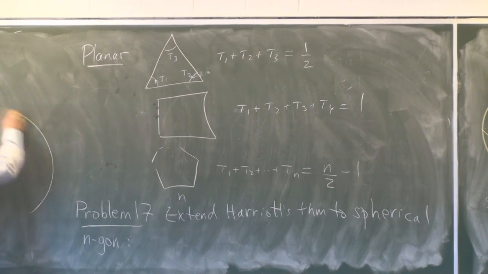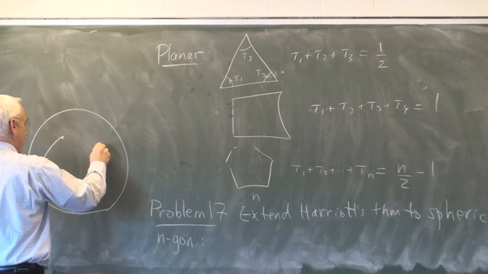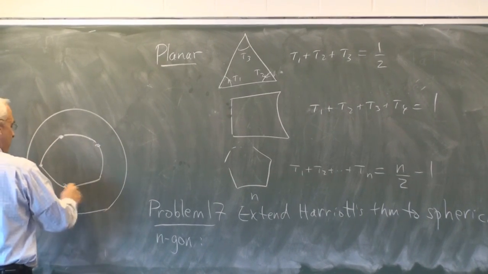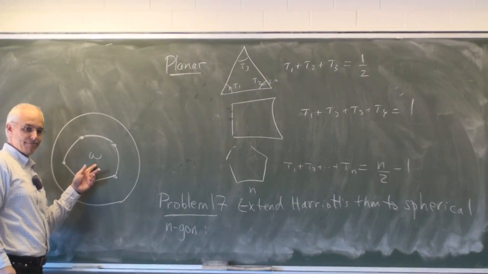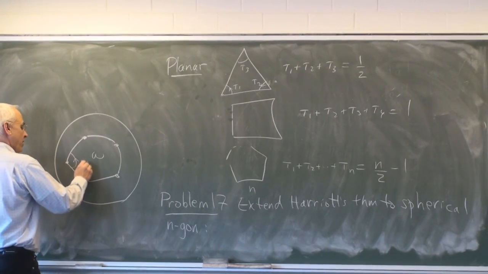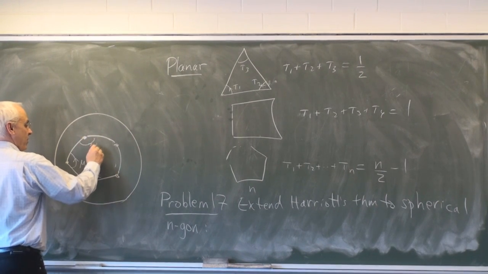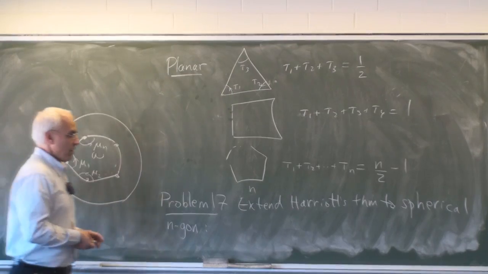So I'm talking about, we're on the surface of the sphere. We're interested in its total solid tangle, and we have individual tangles mu1, mu2, up to mu n.